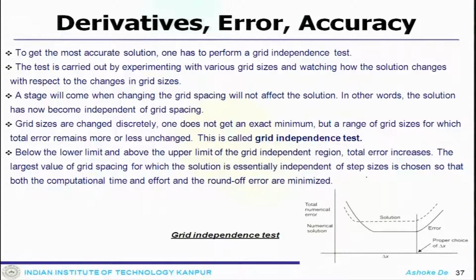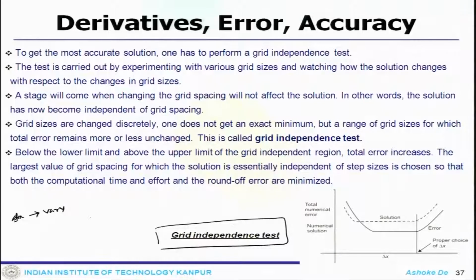Now, another thing, when you say our solution has converged or the solution does not change or we have reached a steady solution, that sometimes means nothing, or sometimes that means a lot, because to get an accurate solution you always need to perform a grid independent test. That means delta x should vary, okay, and check how.